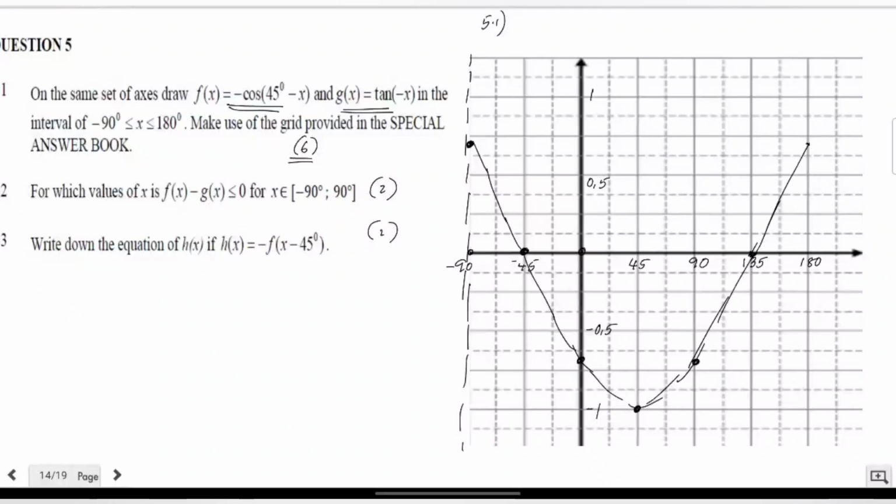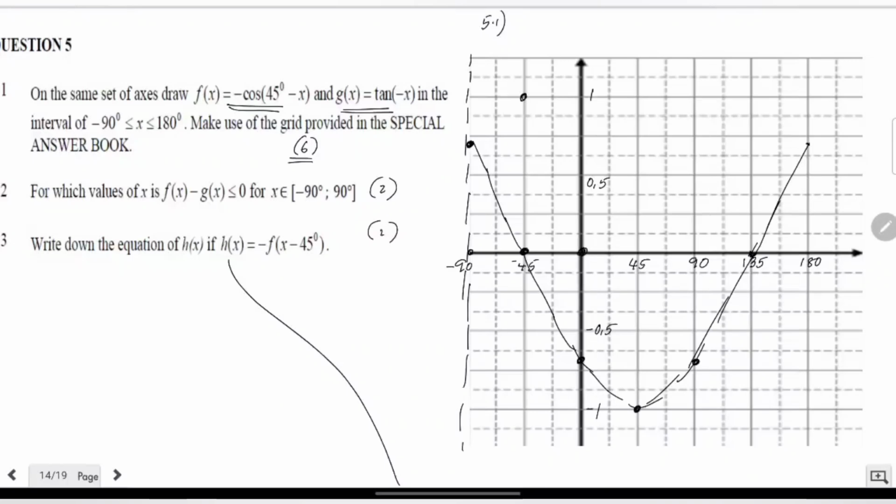You have an idea of a tan graph. How will it look? You know that it is something like this. That idea you must have. Then at 0 it's going to be what? Inside that it's going to be 0. It's 0.